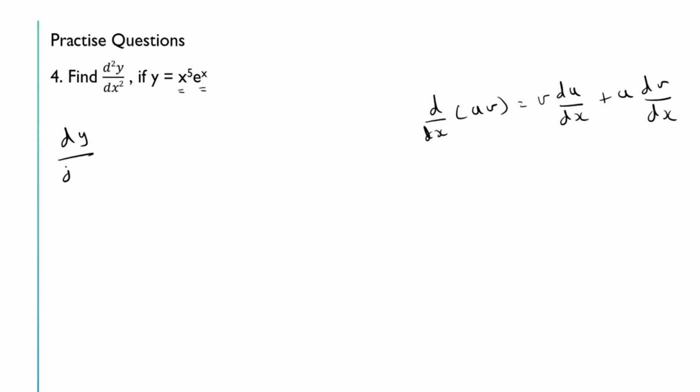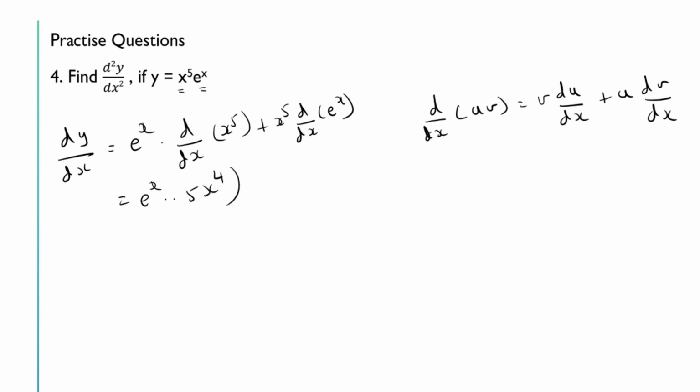So dy by dx is equal to e raised to x into d by dx of x raised to 5 plus x raised to 5 into d by dx of e raised to x. So this is equal to e raised to x into 5x raised to 4 plus x raised to 5 into e raised to x. So e raised to x is common, we can take it outside, into x raised to 5 plus 5x raised to 4. So this is dy by dx.